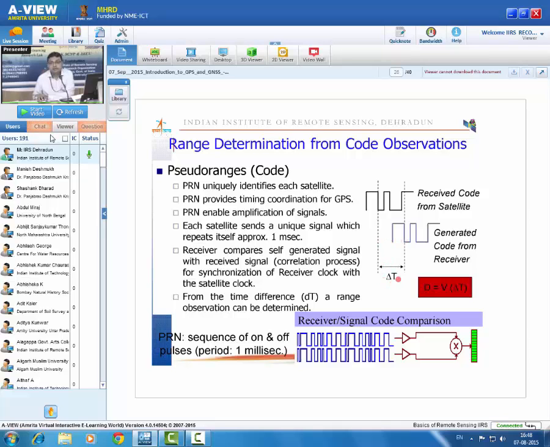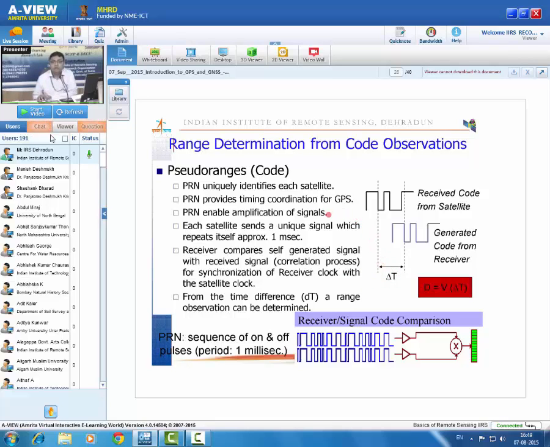This delta t represents the shift happening in the signals because of the synchronization problem, because of the precision differences between the satellite atomic clocks and the quartz clock. If we are able to get hold of this delta t, then we can resolve the clock bias component, and that is how we calculate the clock bias.